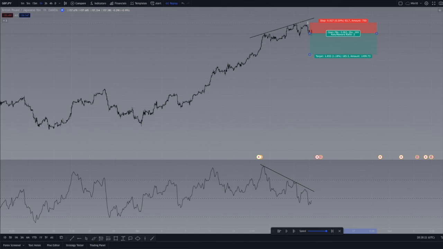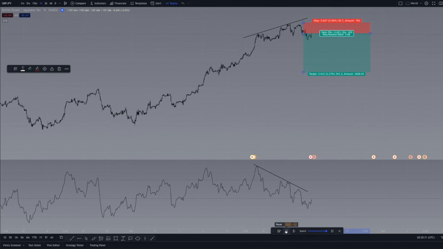Let's say I would put my stop around there and aim for something around there. Let's just see what price does.